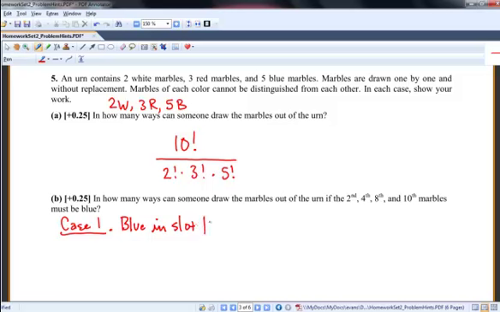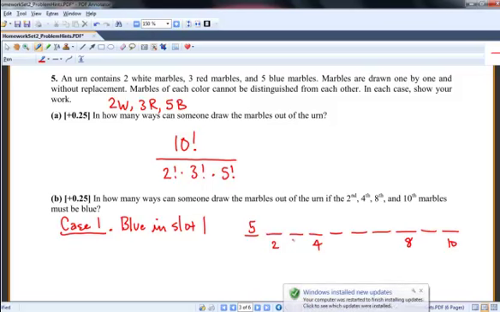Okay, so I have these 10 slots for the marbles: 1, 2, 3, 4, 5, 6, 7, 8, 9, 10. If I put a blue in slot 1, right now there's 5 blues, so I have 5 choices for that blue to go in the first slot. So here's the second slot, 4th slot, 8th slot, and 10th slot.